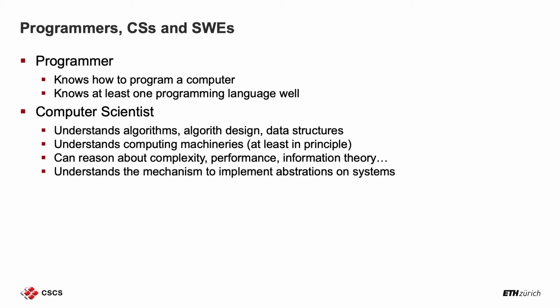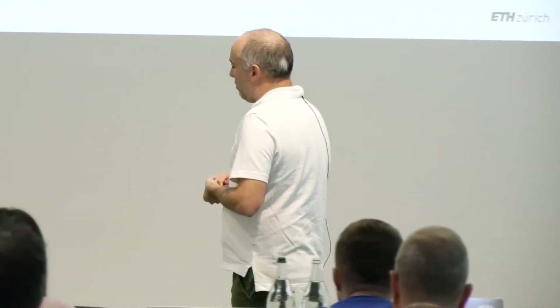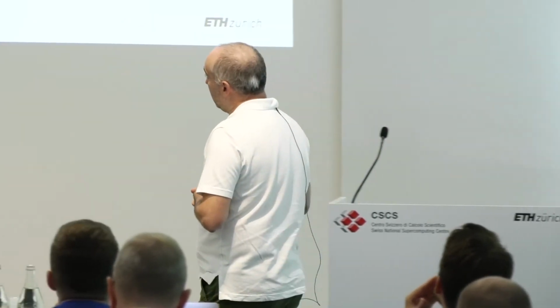Computer scientists also understand the computing machinery, maybe not in super detail, but they understand what they're made of, what the components are, how it is possible that a piece of material can do computation, and can also reason about how efficient something is by doing algorithmic analysis or by even knowing the hardware architecture. And so it depends what kind of computer science you do.